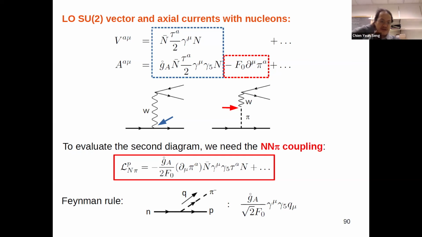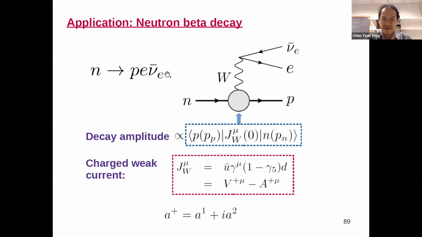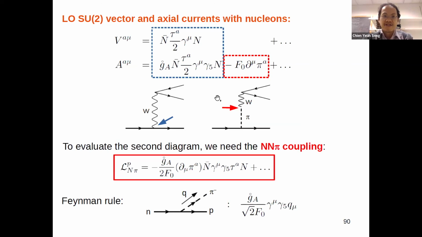This will involve different forms of the vector and axial current, because the weak current has axial and vector components. For the first diagram, we need the pure nucleon contribution to the vector and axial components, while for the second diagram, we need the pure pion contribution to the axial current, because the current goes to the pion, and then the pion couples strongly to the nucleon.